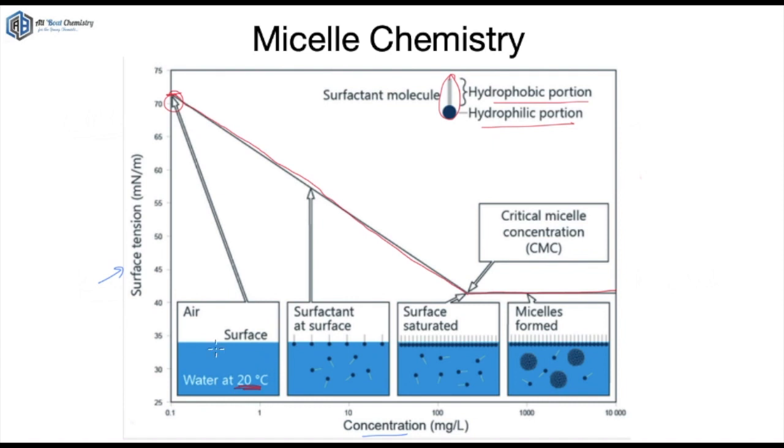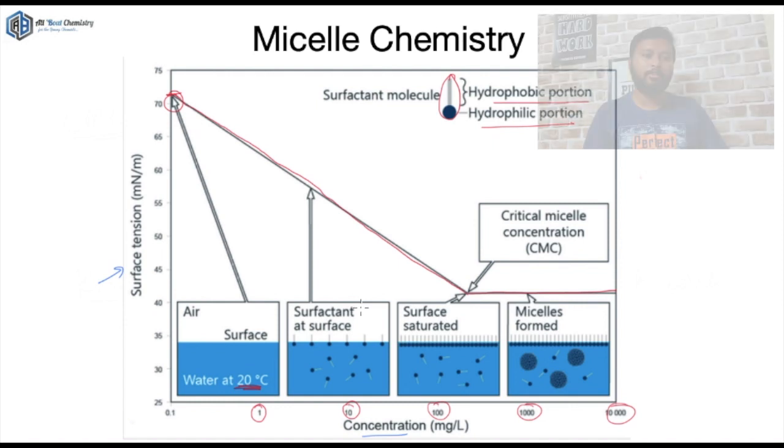Now as soon as you start increasing the concentration of your surfactant in milligram per liter, as you can see, we have 1 milligram per liter, 10 milligram per liter, 100 milligram per liter, and likewise we are increasing the concentration by a ratio of 10.